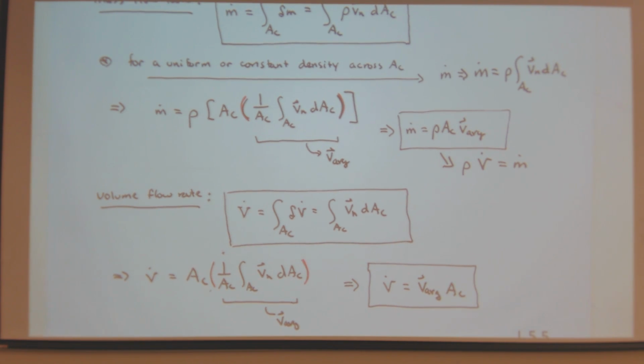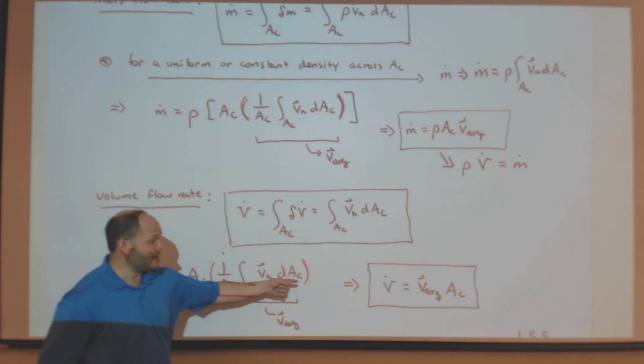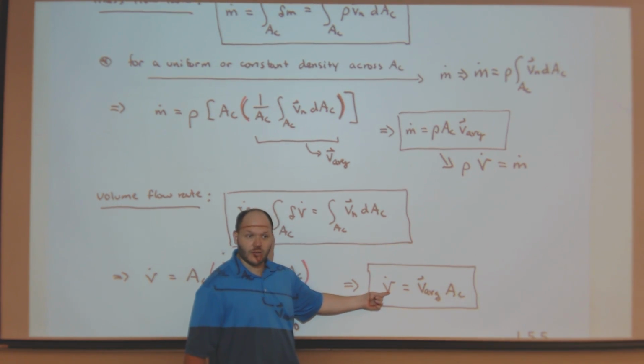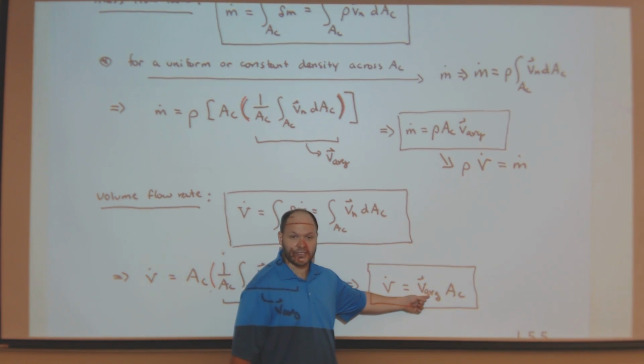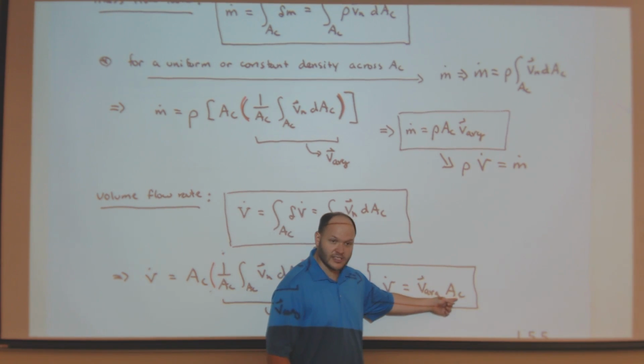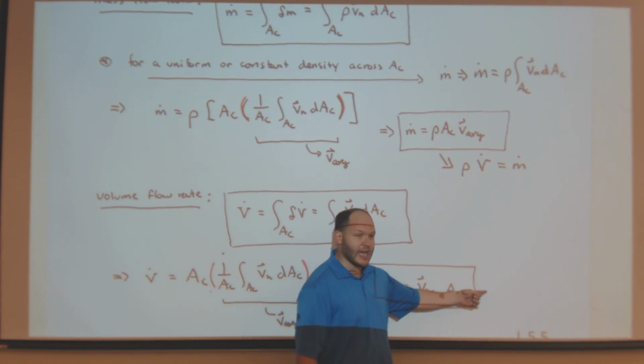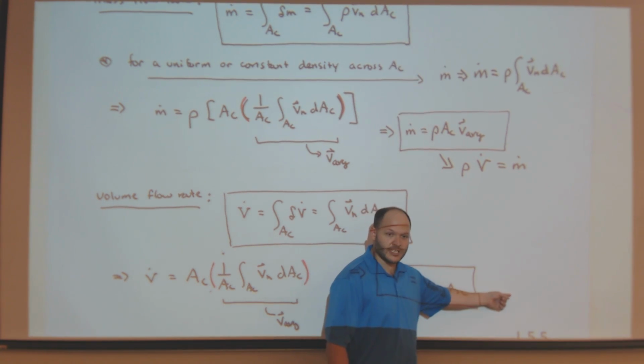times a cross-sectional area. In some of the homework problems and the example problems for exam 1, this expression is used a lot, where the volume flow rate is constant, so the average velocity out times the cross-sectional area out equals the average velocity in times the cross-sectional area in.